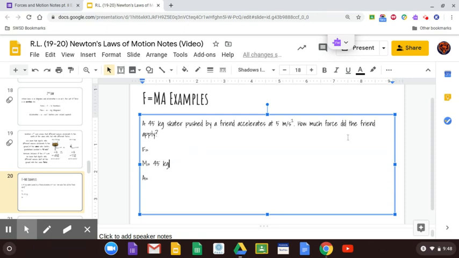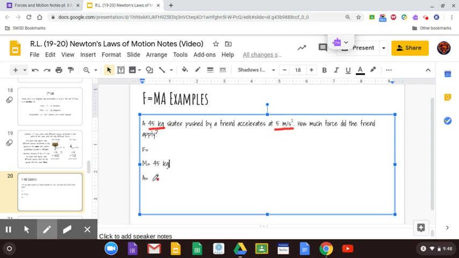Okay. Then I see another number here. It says, okay, 45 kilograms, we got that one. Pushed by a friend accelerates at 5 meters per second squared. Okay, so that's another number. Meters per second squared. I don't quite remember that, but I know that force is in newtons because Newton came up with all these laws about forces.